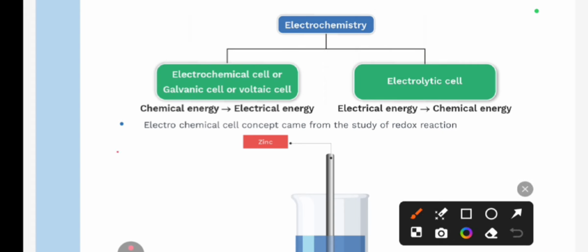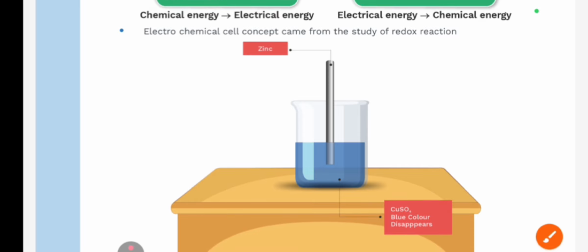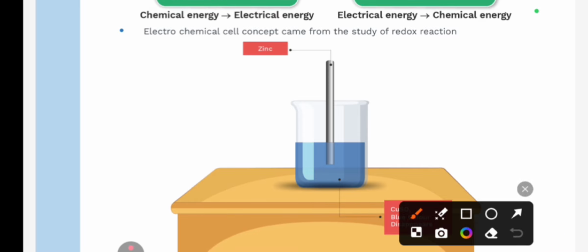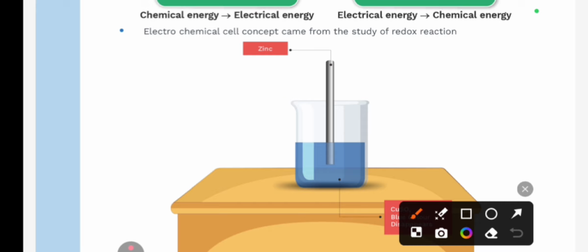So you can see the electrochemical cell concept came from the study of redox reaction, in which both oxidation and reduction take place. How did it come? First, a zinc rod was taken in a beaker, dipped in a solution of copper sulfate. Later on they observed zinc slowly going into the solution and forming zinc sulfate.